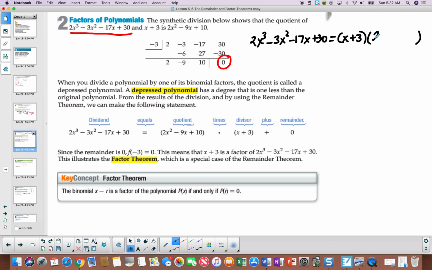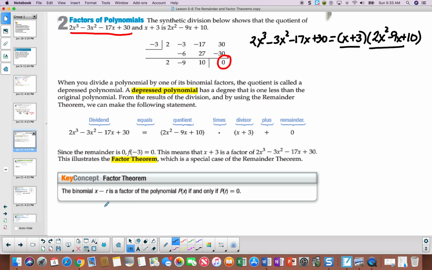This is going to be 2x squared minus 9x plus 10. And so these two multiply to make this cubic. So the remainder theorem, when it's 0, helps me get 2 factors for the polynomial expression.